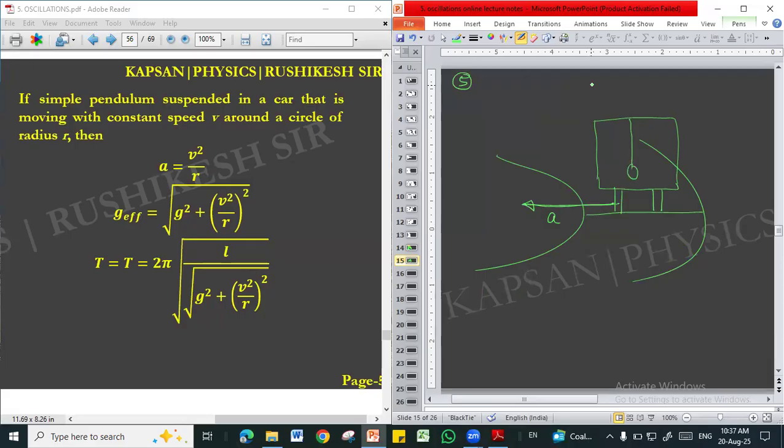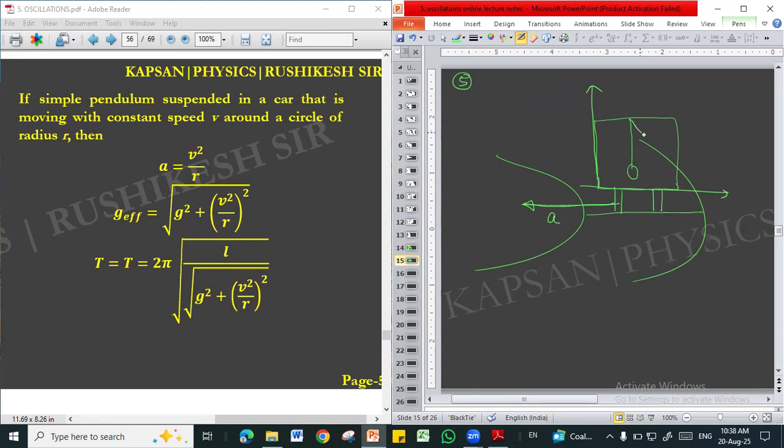But what if you attach your frame of reference to the vehicle itself? Now your frame of reference is accelerating towards the center. So any object will experience a pseudo force because our frame of reference itself is accelerating towards the center. So with respect to this frame of reference, any object will experience pseudo force or pseudo acceleration away from the center.